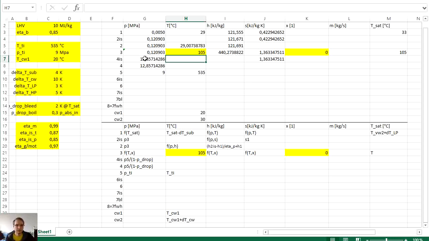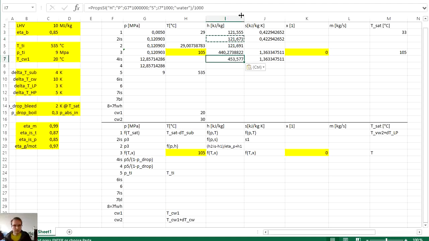So at the isentropic point we already have the thermodynamic properties, pressure and entropy, and same as we used at the outlet of the condensate pump, we will have the same function for the outlet of the feedwater pump. So the isentropic enthalpy is a function of pressure and entropy.